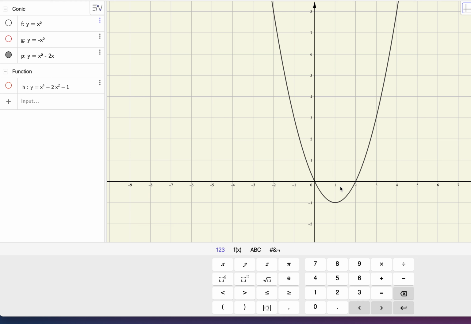They can also ask another type of question. They can ask you, to achieve the minimum, what should be the value of x? To achieve the maximum, what should be the value of x? They can ask you when the minimum is attained, when the maximum is attained.